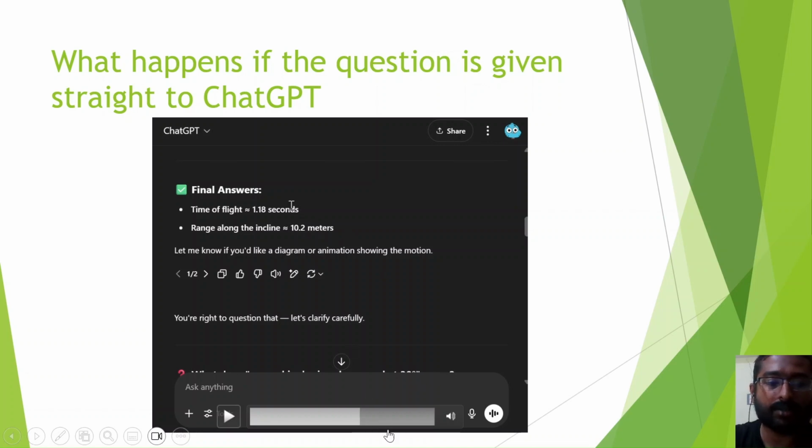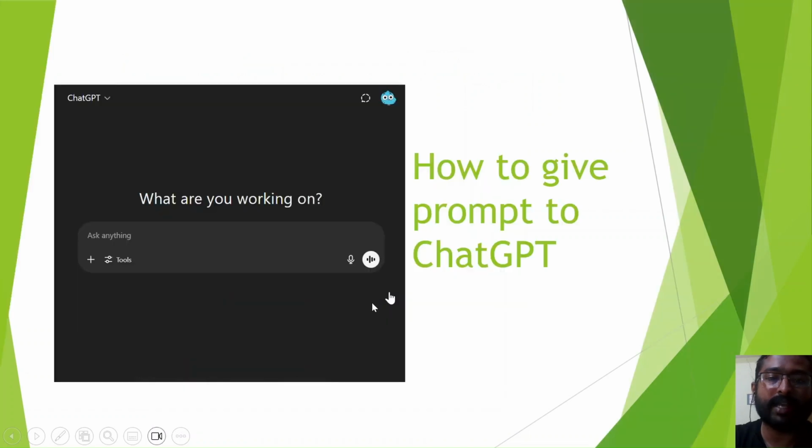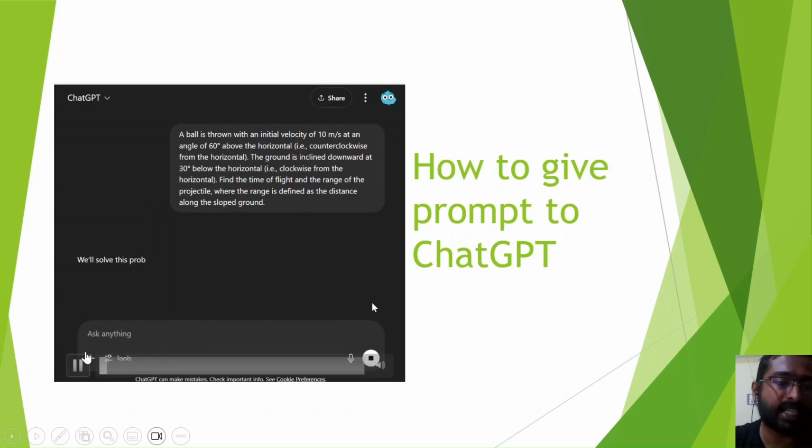In the next slide, I have given a prompt so that ChatGPT won't get confused about the angle. In this, a ball is thrown with an initial velocity of 10 meter per second at an angle of 60 degrees above the horizontal, and I also said that it is counterclockwise from the horizontal.